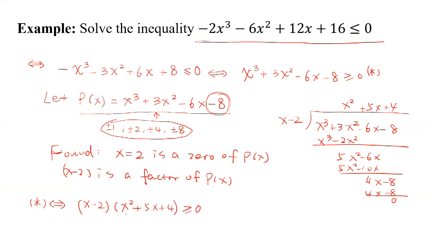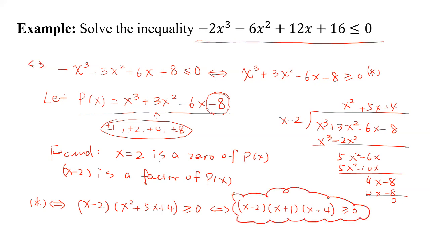The latter part is apparently factored to x plus 1 and x plus 4. In this way, we successfully factored the original inequality to this factored form. So now note that there are 3 zeros.